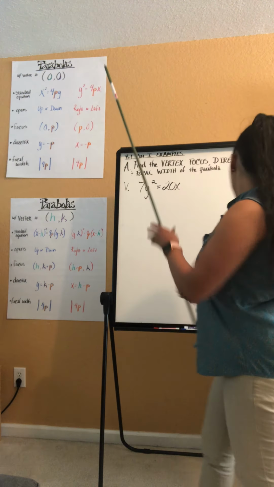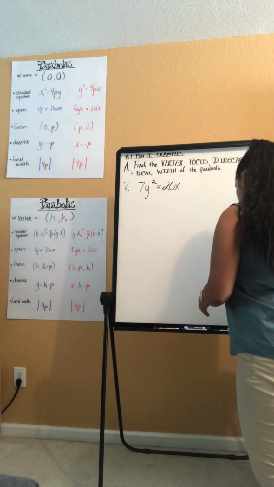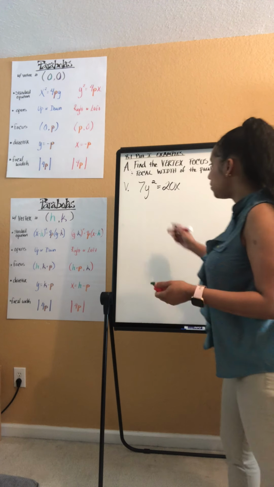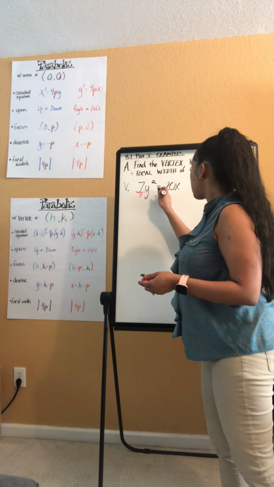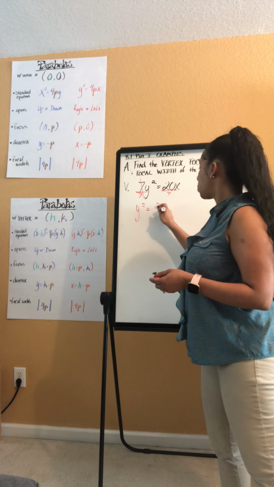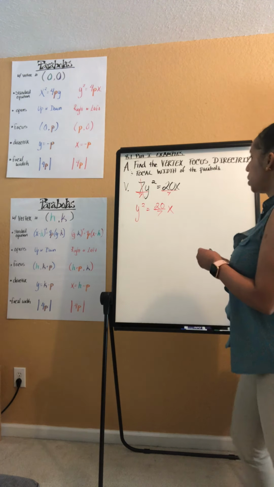Top red side. Now, I just need to make this look right. I need the y squared to be alone, but it has a times 7 in front of it. So I'll just divide. If I divide both sides by 7, then I have y squared equals 20 over 7x, and I'll just leave it like that because it doesn't become a nice number.